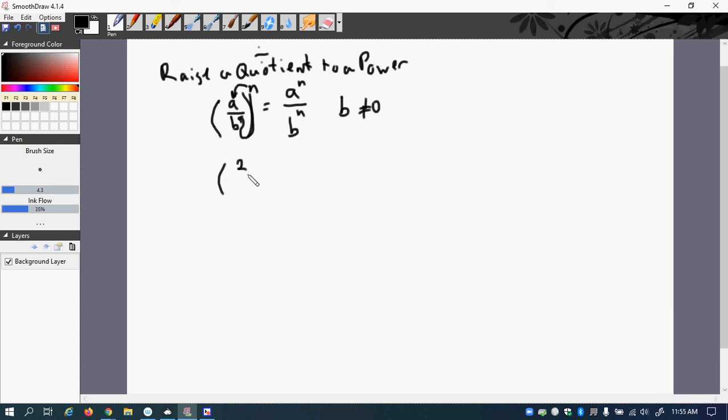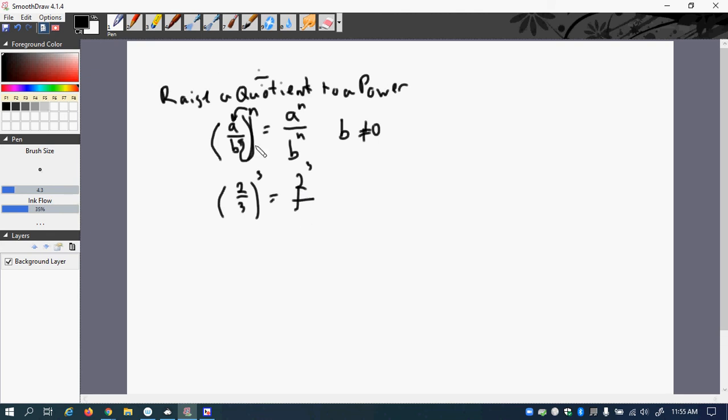We have 2 over 3, and that's to the, let's say that's to the third power. So that becomes 2 to the third divided by 3 to the third. Okay? And so now you have 8, because 2 to the third is 8, and 3 to the third is 27.